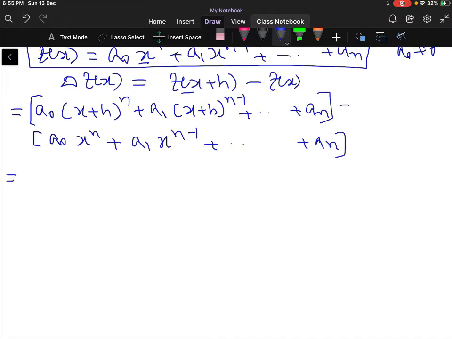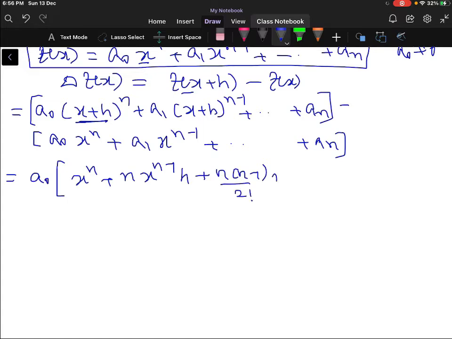So this is equal to, let us expand by using the binomial theorem. a0 into nC0 into x power n plus nC1, nothing but n, into x power n minus 1 into h plus nC2, that is n into n minus 1 by 2 factorial, into x power n minus 2 into h square and so on plus nCn is 1, that is h power n.